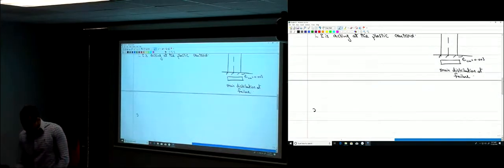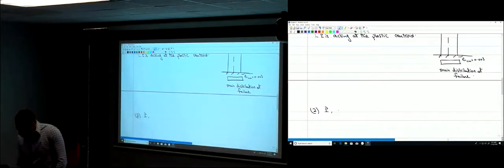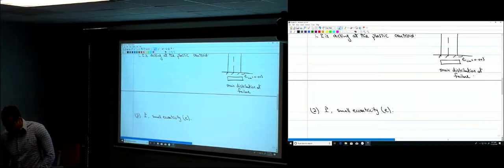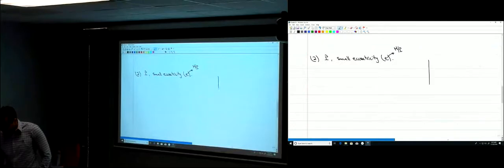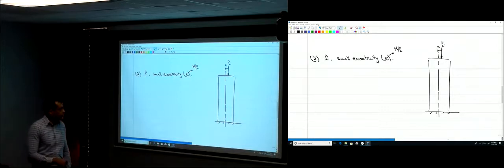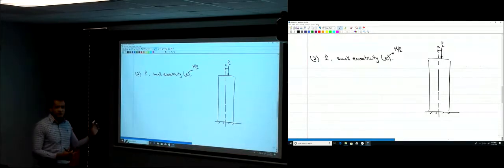Now, the second case, you have a P and you have small eccentricity or small moment. If the eccentricity is small, the moment is small, right? e is M divided by P. So now what do you have if it's the same column? This is the plastic centroid. Now P starts to move from the plastic centroid with a small eccentricity. So at failure, what will happen if this is a very, very small eccentricity?